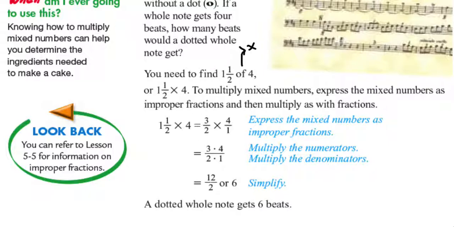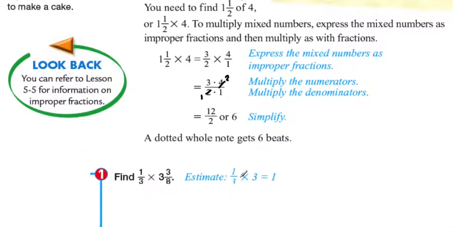Another way of going about this is to find the GCF of 2 and 4, which is 2. So 2 divided by 2 is 1, and 4 divided by 2 is 2. And 3 times 2 becomes 6, and 1 times 1 becomes 1. So it's 6 over 1, or simply 6.